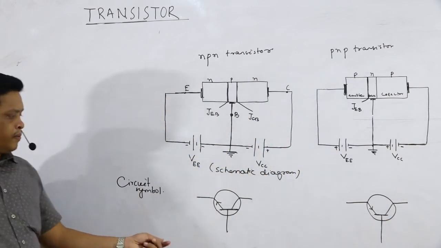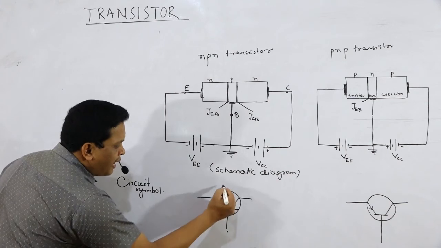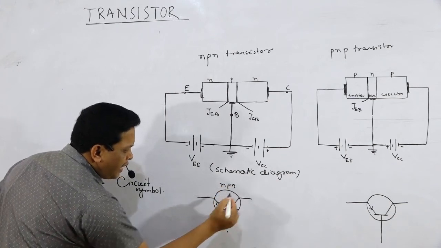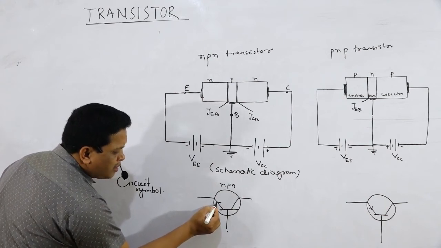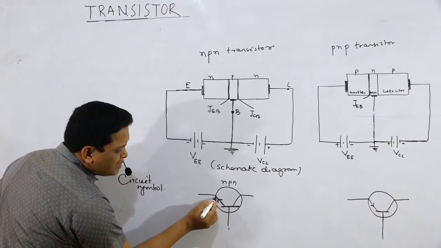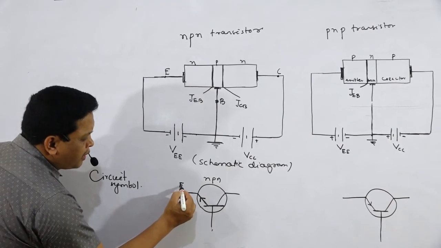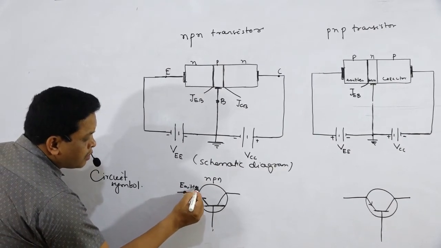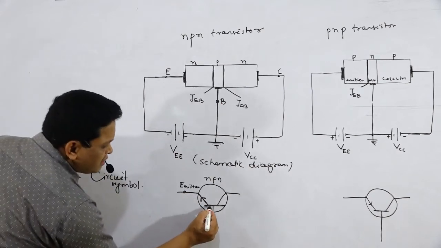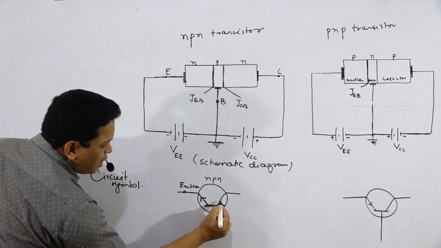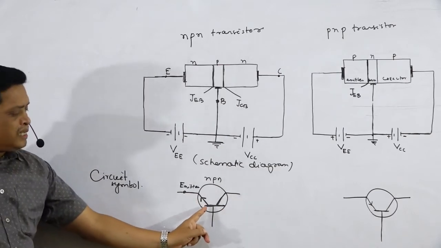Now look students, this is the circuit symbol of the NPN transistor. Look here, I have given an arrow mark. The terminal on which the arrow mark is given is known as the emitter terminal. So this terminal is the emitter, this middle terminal is the base, and this one is the collector. This is the NPN transistor.